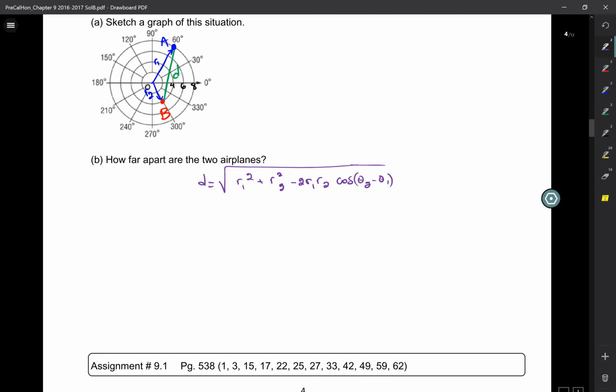So how much was this? 8 squared plus 4 squared minus 2 times 8 times 4 cosine of how much? 300 minus 60. And we plug this in our calculator in degree mode.